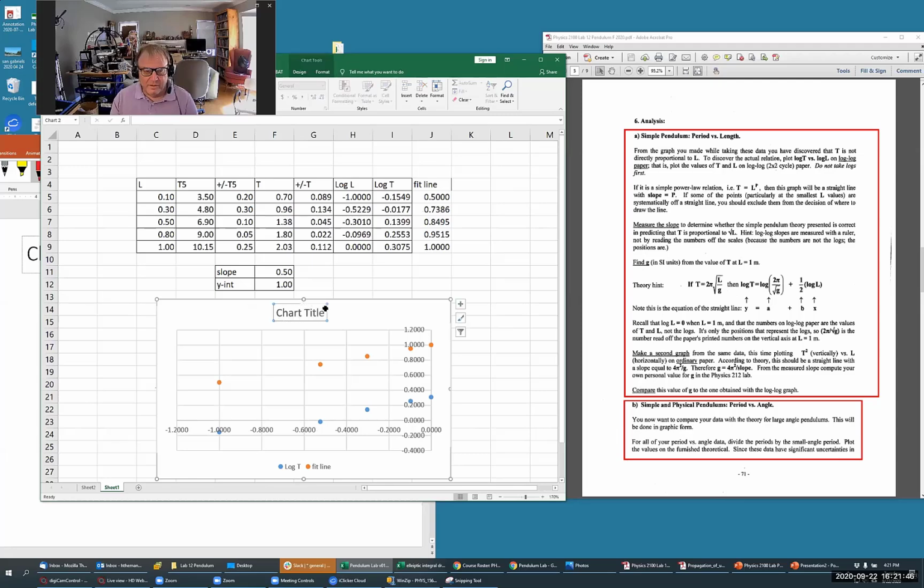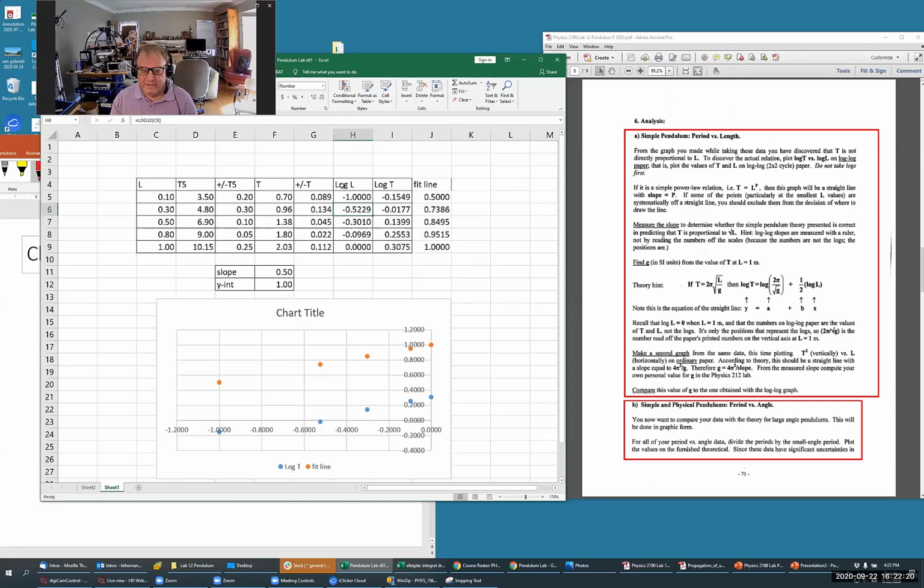Okay, so what I've done is I've got the data here. I've got log of L, which is our x-axis. I have log of t, which is our y-axis, and that's the blue points. Then I have the fit line, that function. And because all three are next to each other, sometimes what I would do is first make this graph and then add in the fit line.